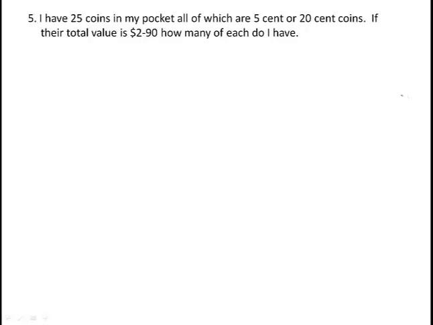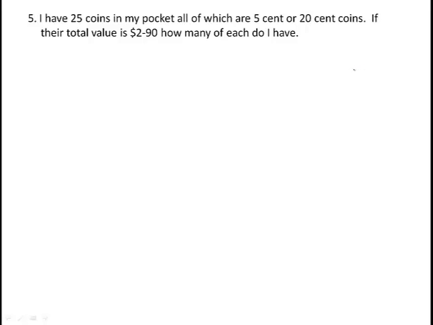Constructing a table can also be very helpful for algebraic problems involving money. For example, in this case, I have 25 coins in my pocket, all of which are either 5-cent or 20-cent coins.